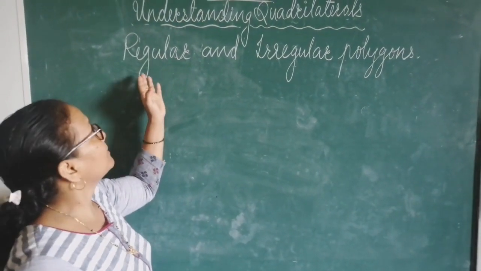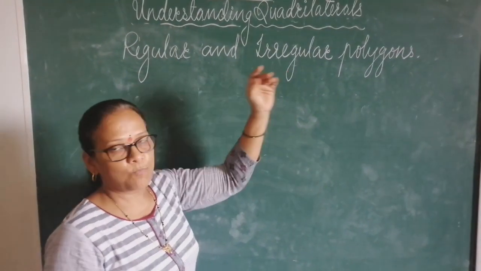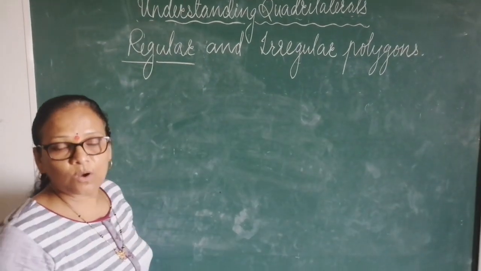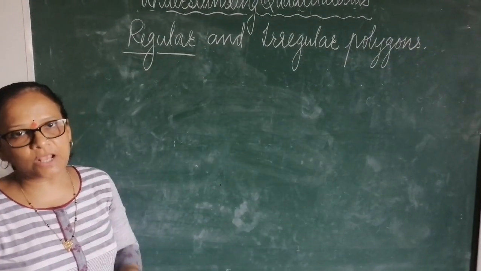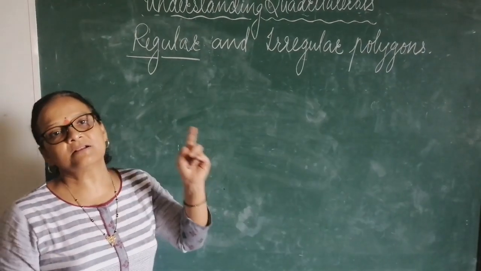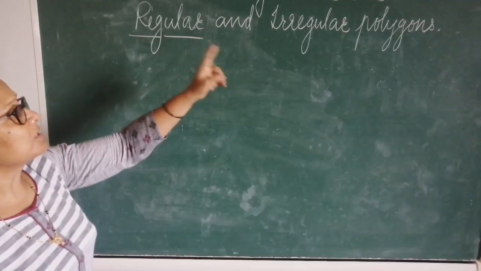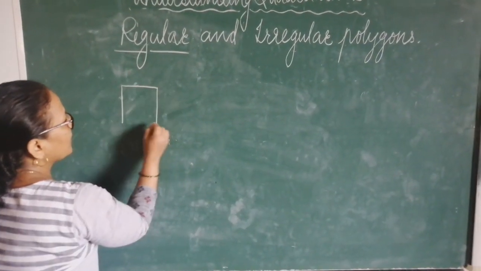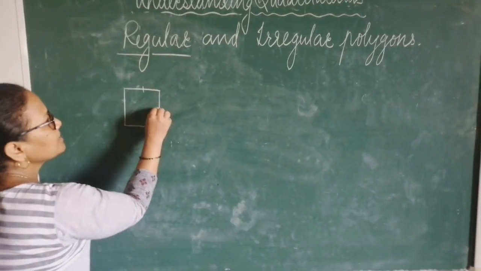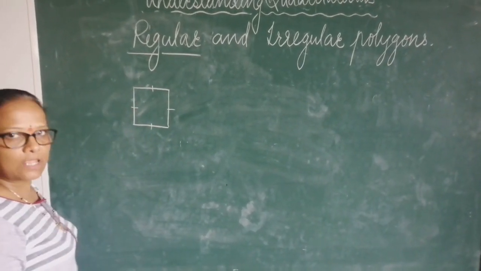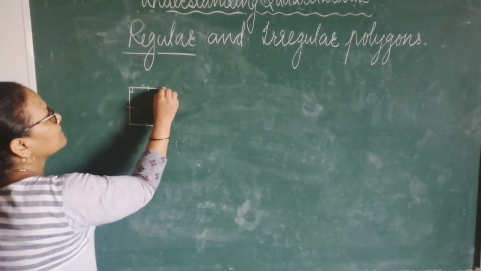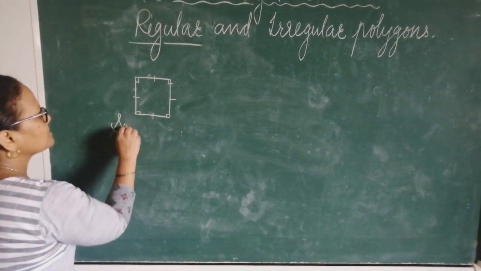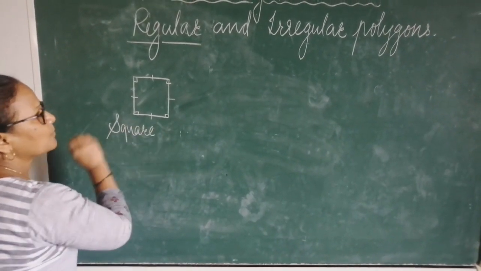Now we will discuss regular and irregular polygons. First of all, the regular polygon. A polygon which has all sides equal and its interior angles also equal is called a regular polygon. For example, a square. In a square, all the sides are equal and the interior angles are also equal. That's why a square is considered a regular polygon.